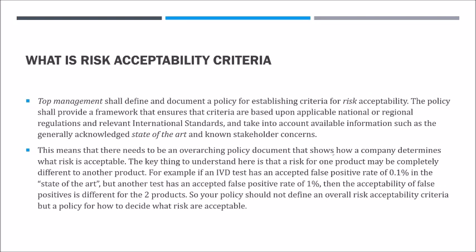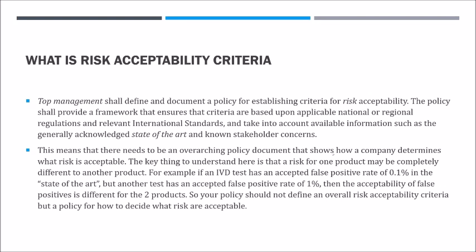Now that's a bit of a word soup there. What I've tried to do below here is to put that into less of what I call quality language and into more everyday language. So what I've said is, this means that there needs to be an overarching policy document that shows how a company determines what risk is acceptable.